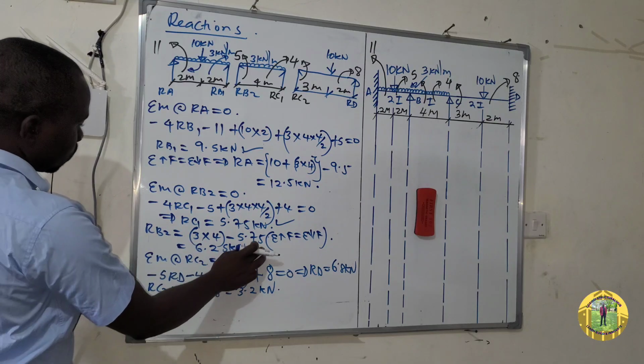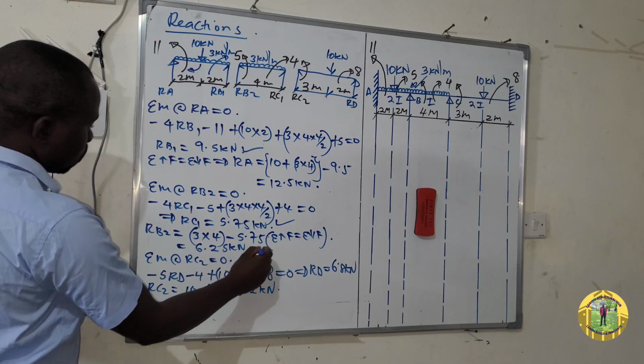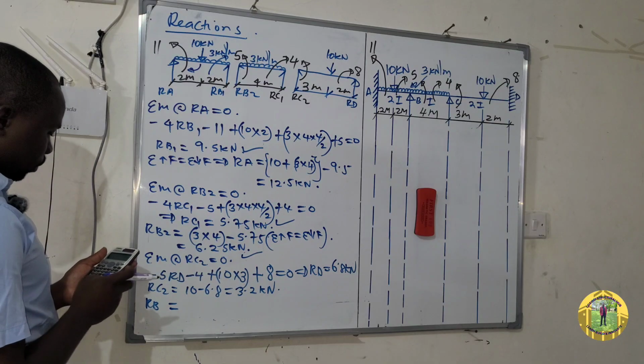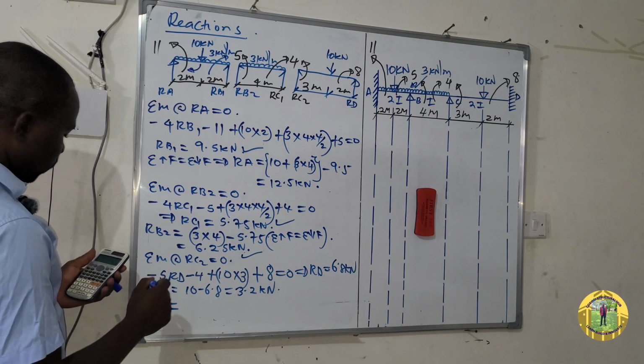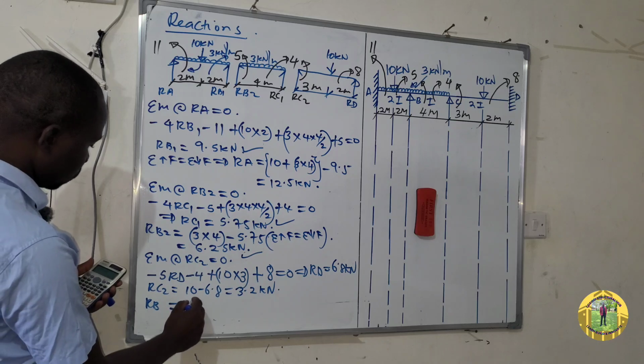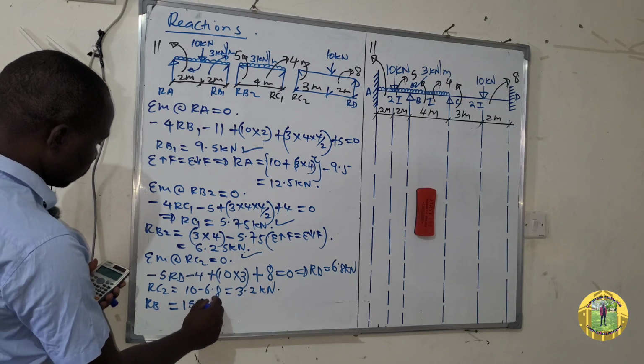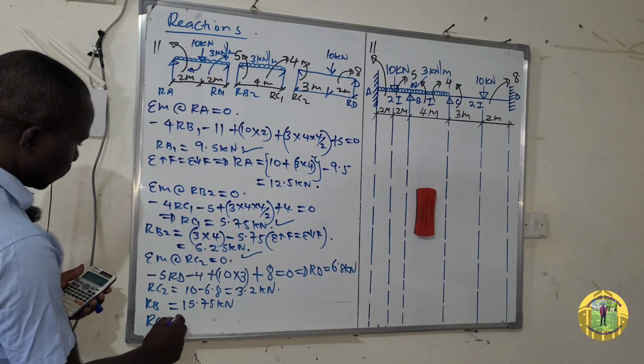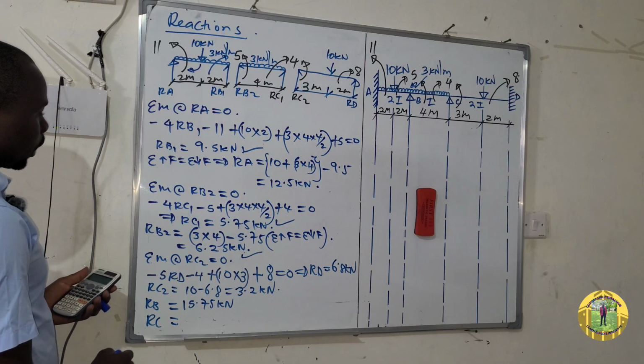RB2 is here, 6.25. So you get 15.75 kilonewton, and RC is equal to RC1.